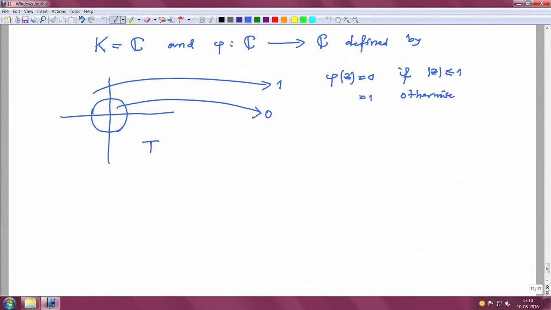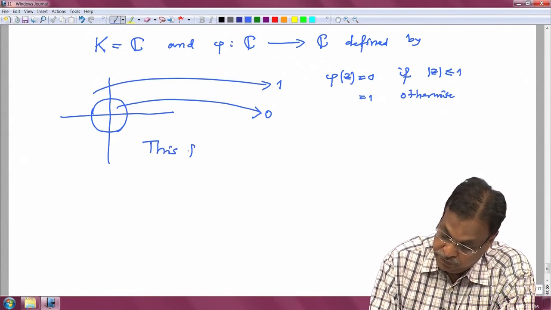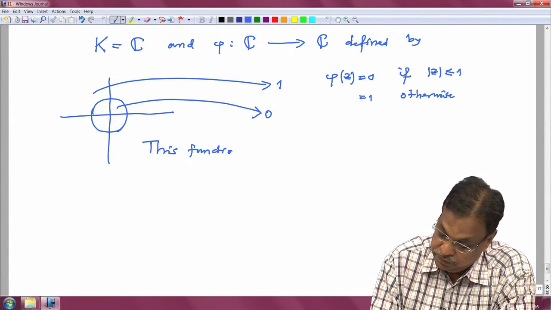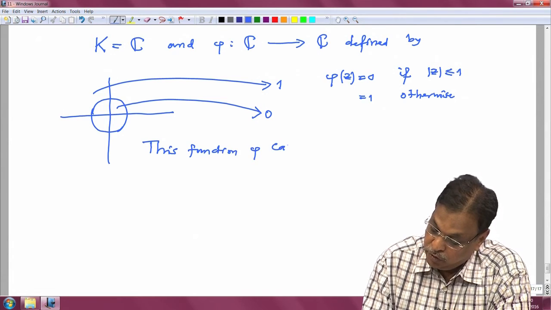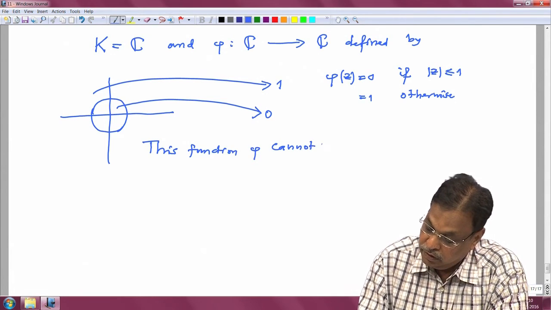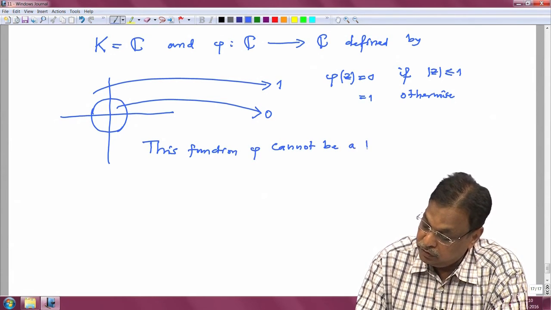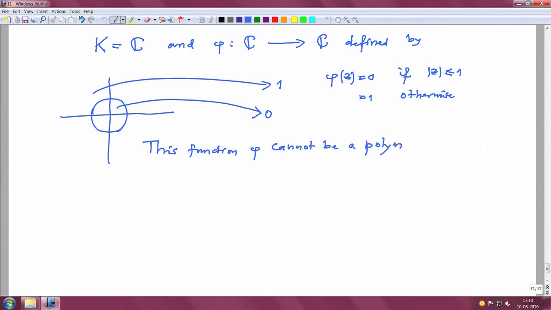This function phi cannot be a polynomial function. That is, the function phi does not belong to the image of epsilon.